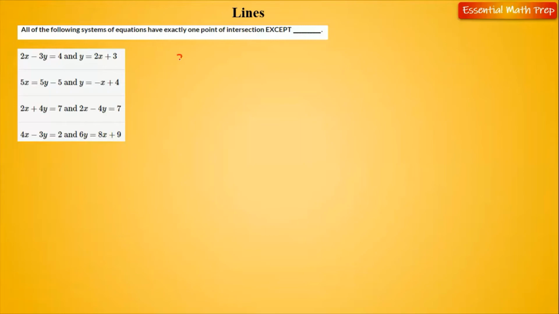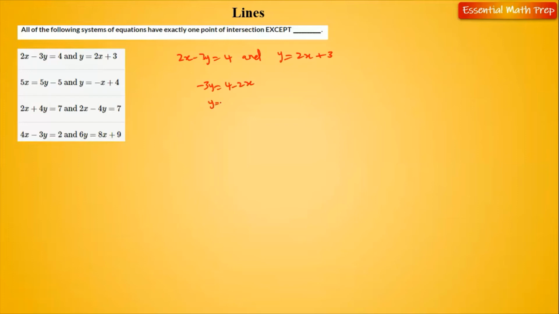So we have 2x minus 3y equals 4. This may be a lengthier problem unless I know the answer to it, and if I do it, then you might think I'm just copying the answer, but I want to actually work it out. So if you convert this, then it'll be negative 3y equals 4 minus 2x. And clearly we know that we're not going to get the 2 as the slope here.